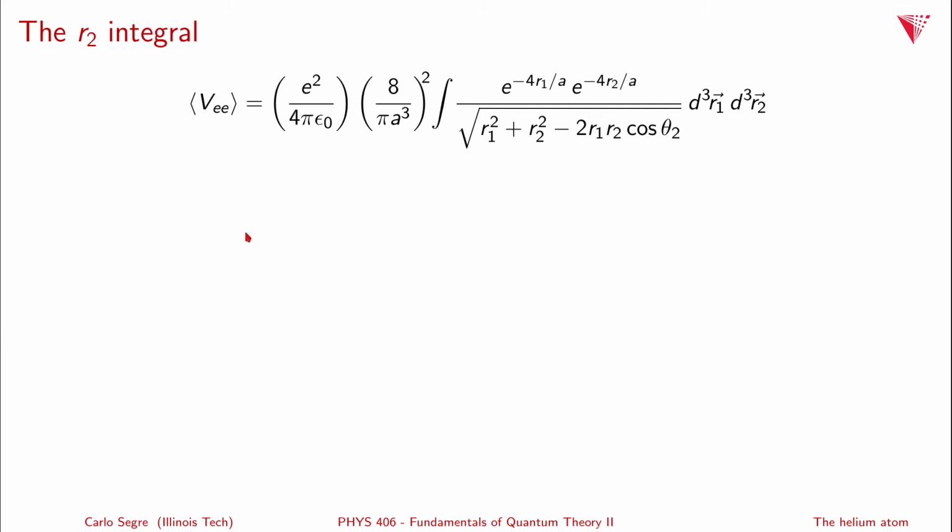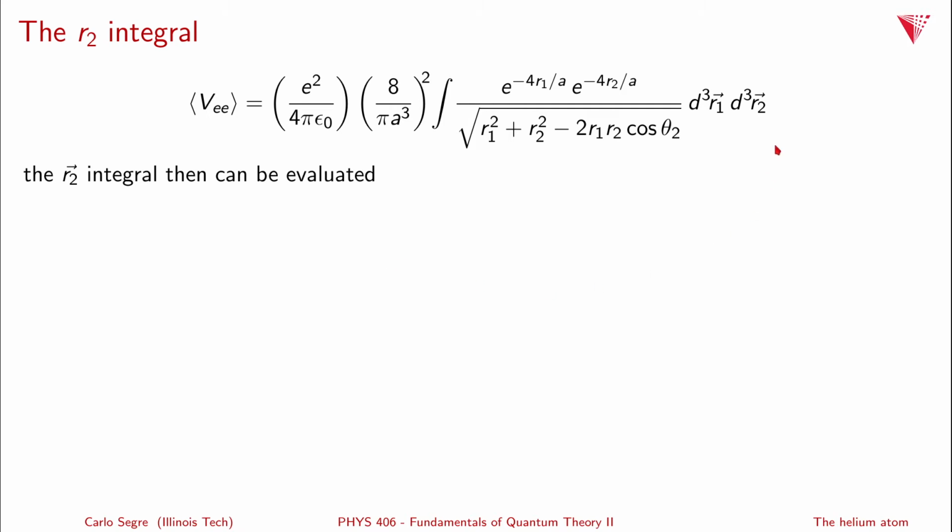V sub EE is equal to e squared over 4 pi epsilon naught times (8 over pi a cubed) squared times the integral of e to the minus 4 r1 over a, e to the minus 4 r2 over a, divided by the square root of r1 squared plus r2 squared minus 2 r1 r2 cosine of theta 2, integrated over d cubed r1 and d cubed r2. So 6 integrals.